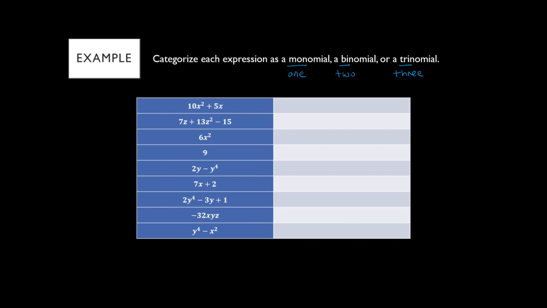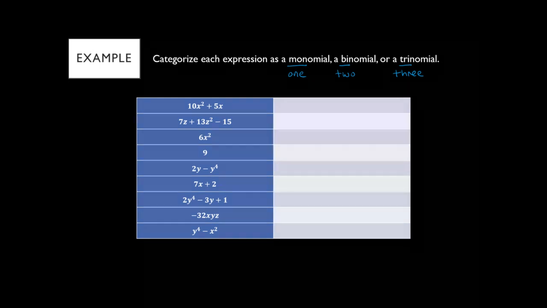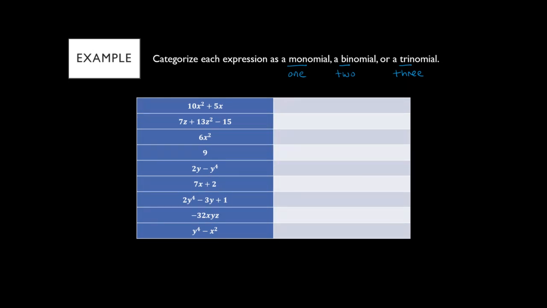So we're just counting how many terms we have, and then it's either monomial, binomial, or trinomial. The first one here, we've got 1 term and then a second term. They're separated by a plus. We have 10x squared plus 5x. So 2 terms means it's a binomial.